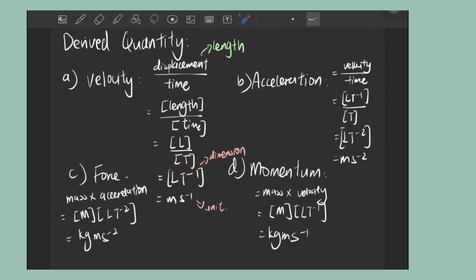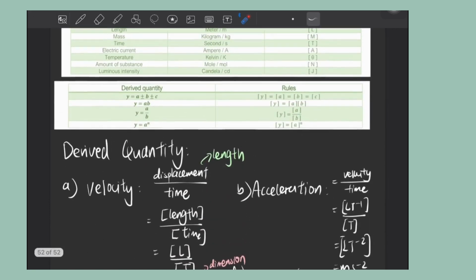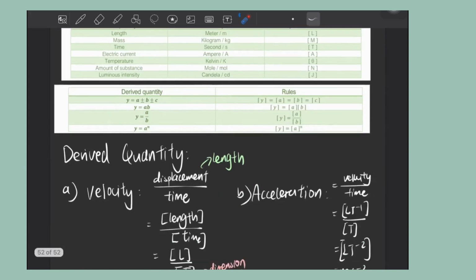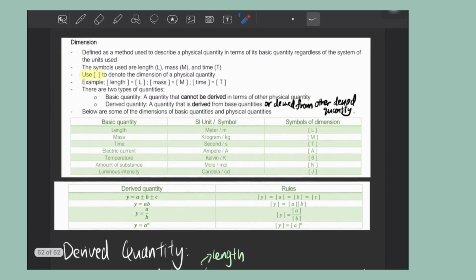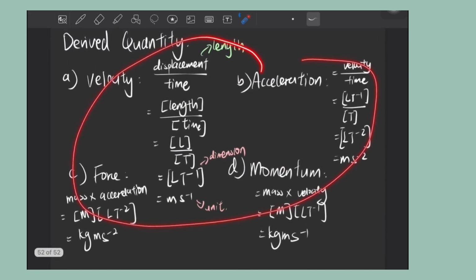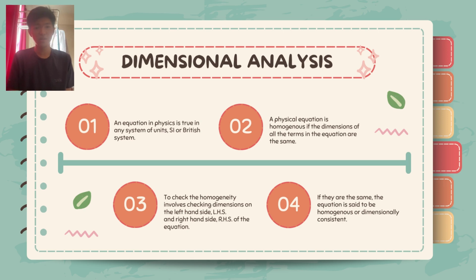As long as we know the formula, the SI unit and the symbol of dimensions, it is very easy to know the concept of dimension by looking at examples. Thus now we have clearly seen how to determine the unit of a quantity by using the concept of dimensions. Now let's move on to dimensional analysis.